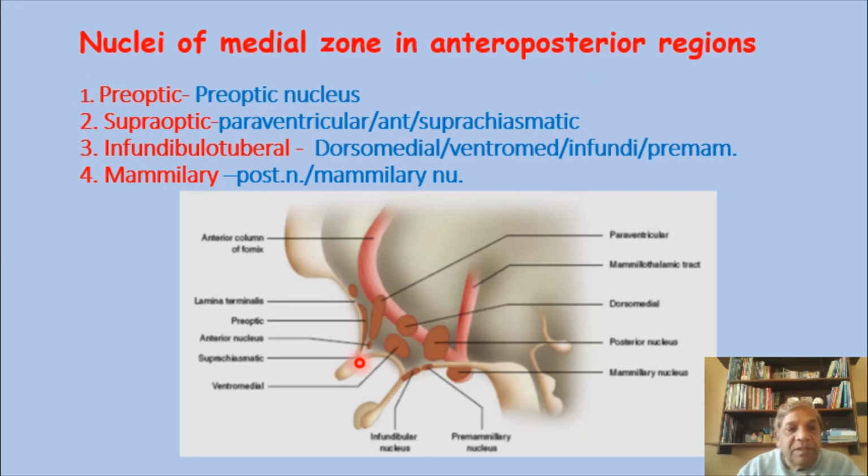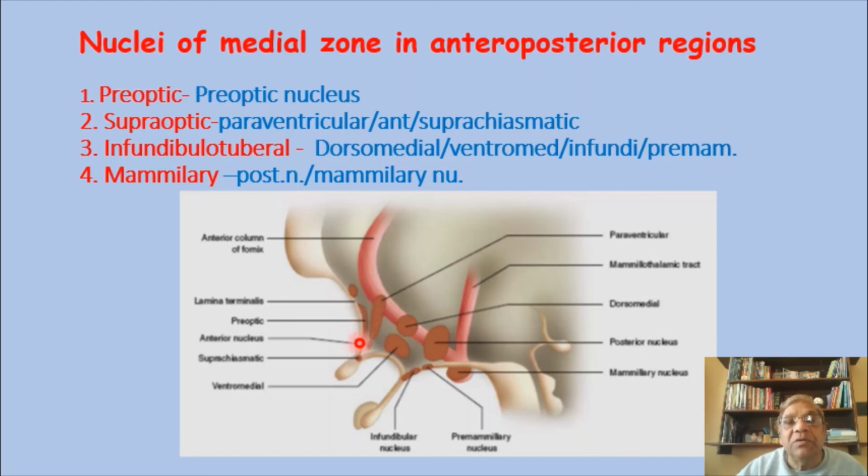I will cover their function a little more in the last slide, but I think better I should tell you here while I am describing these nuclei. Now we have learned about the preoptic nucleus, and the preoptic nucleus regulates the release of gonadotrophic hormone.